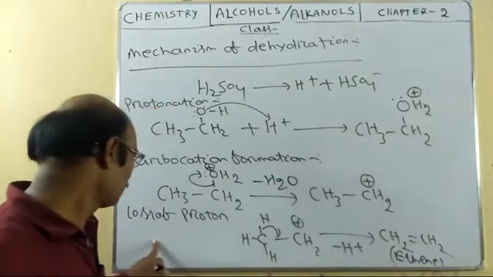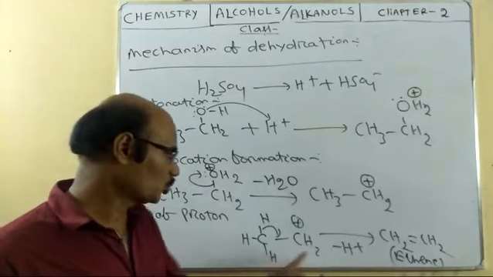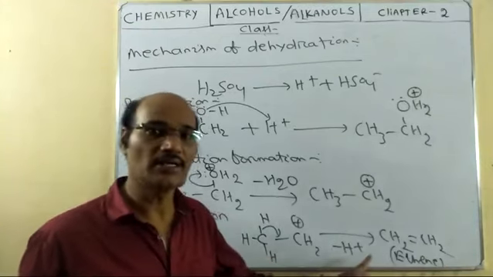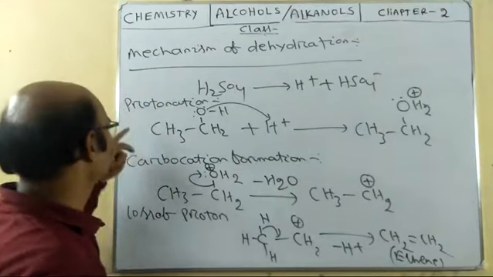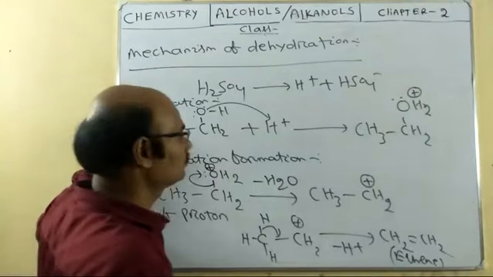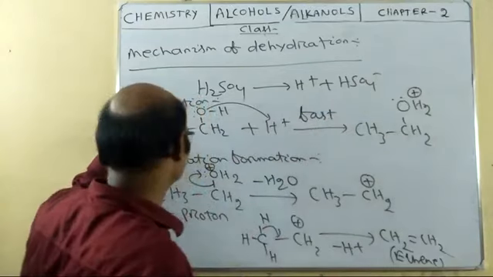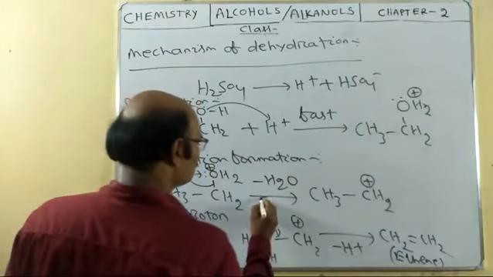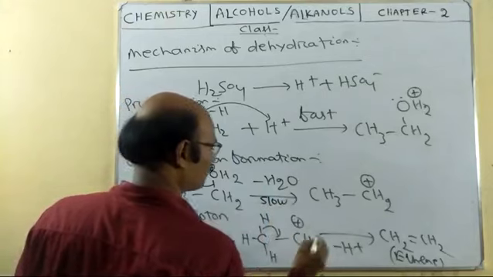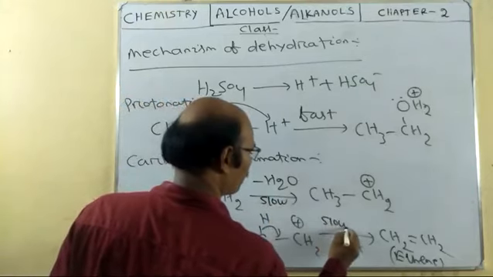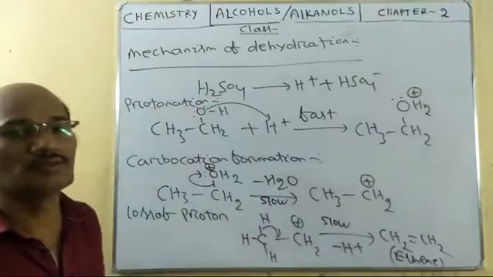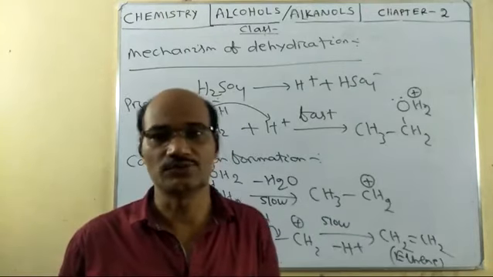In the third step, a proton is removed from the carbocation and we get alkene. The first two steps are the slow steps. So this is the mechanism of dehydration.